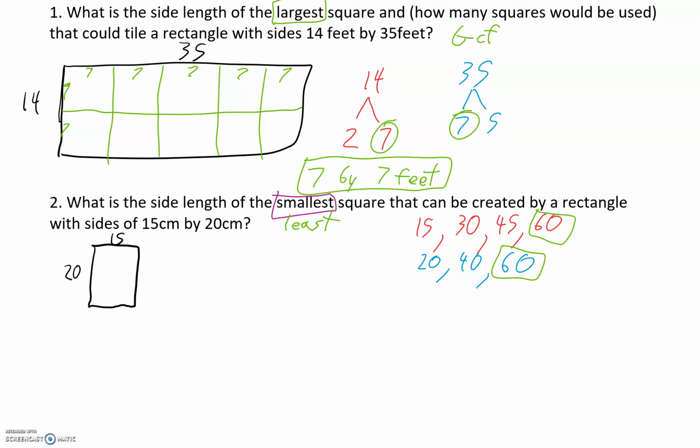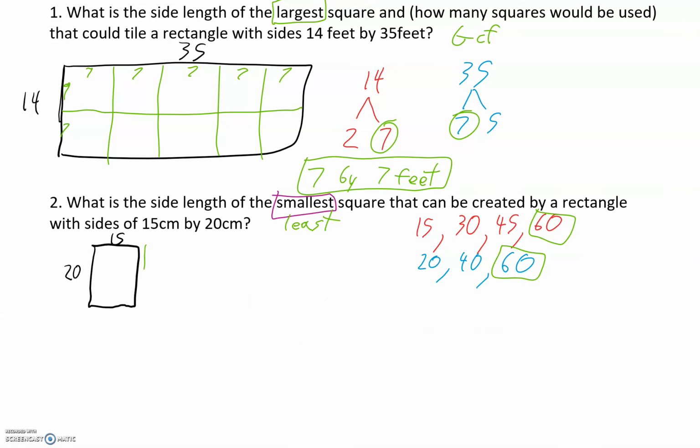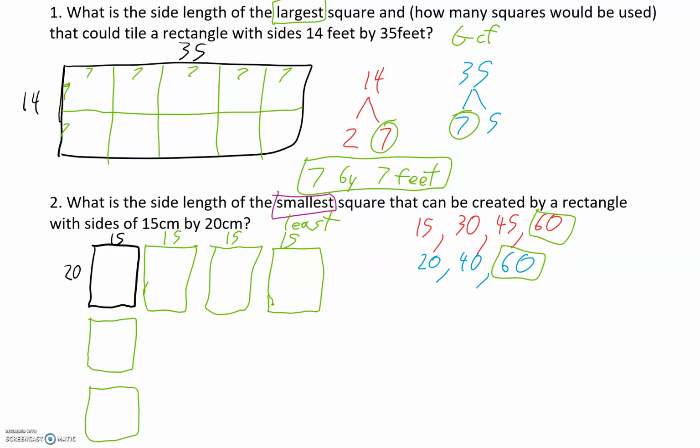So we're going to add squares until we have 60. So 15 plus 15 plus 15 plus 15. My drawing is not super perfect, but you kind of get the idea there. And we're going to do the same thing with the 20 side.